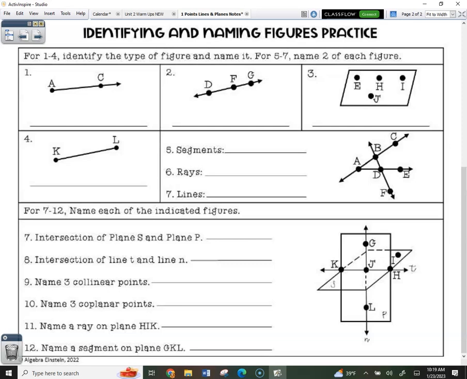Number 1 only has 1 answer. Number 2 has 3 answers. Number 3, just name it one way. There's a lot of ways to name number 3. Don't get into that.